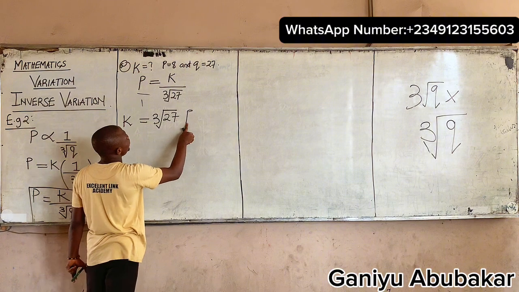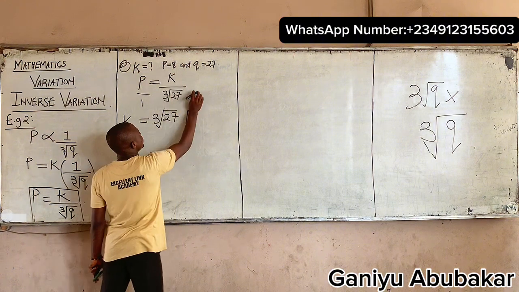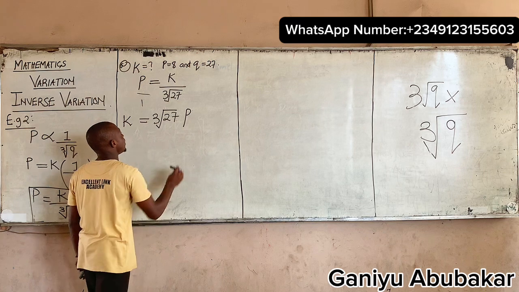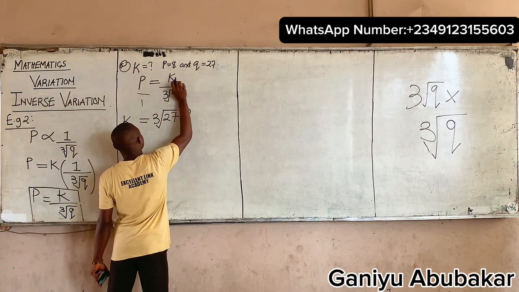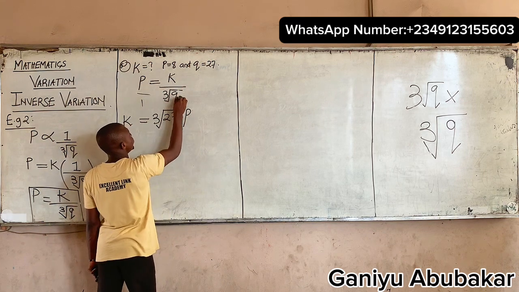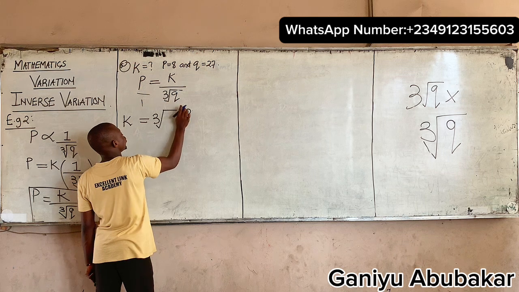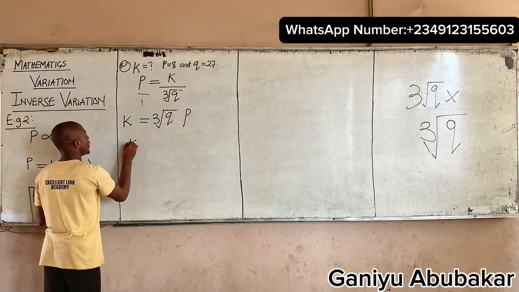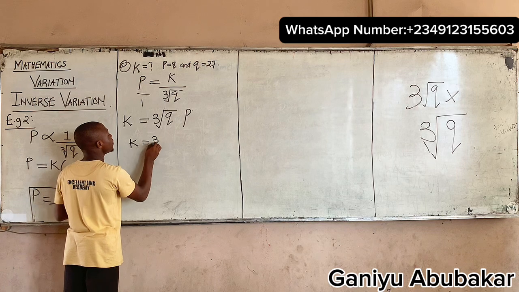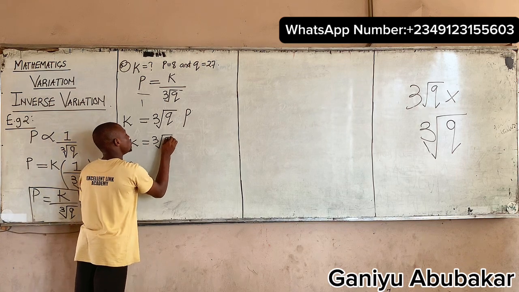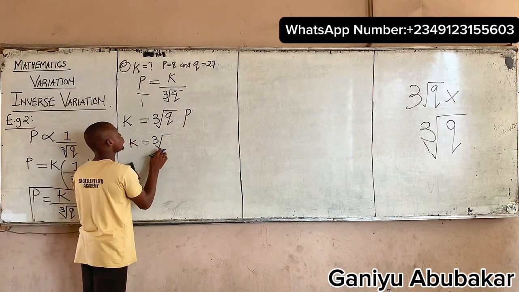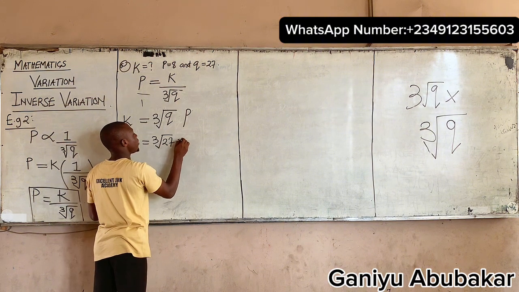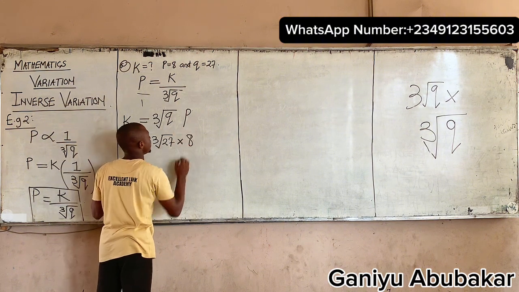What's P? P is 8, so let's put the values in. K is equal to the third root of Q, the third root of 27, multiplied by P, that's 8.